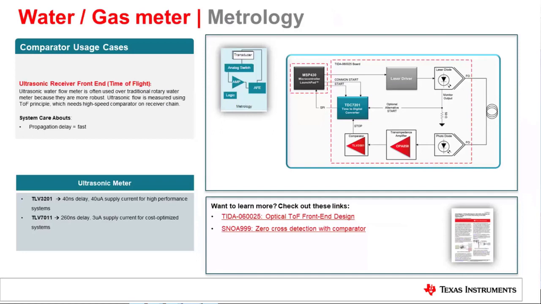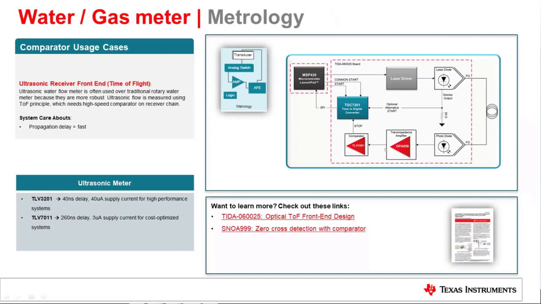And lastly, in metrology itself, depending on the type of meter people are using, the main application here is time of flight. So on the receiving analog front end for time of flight systems, after the photodiode and the TIA, we typically see a high-speed comparator that drives a TDC. And that is what this block diagram is showing.